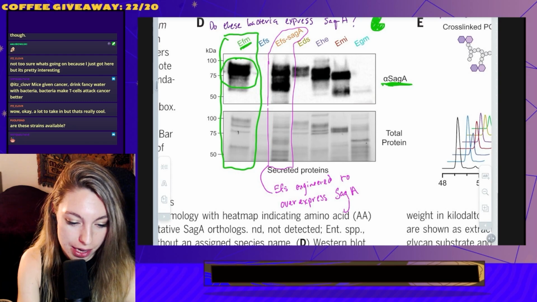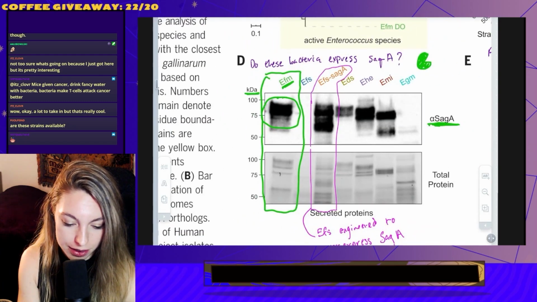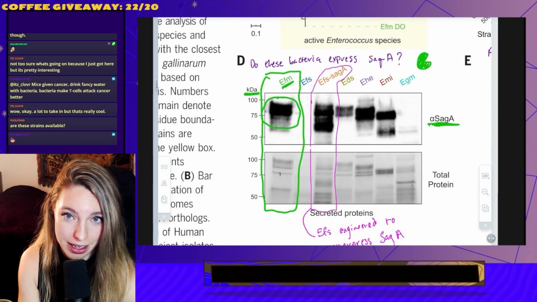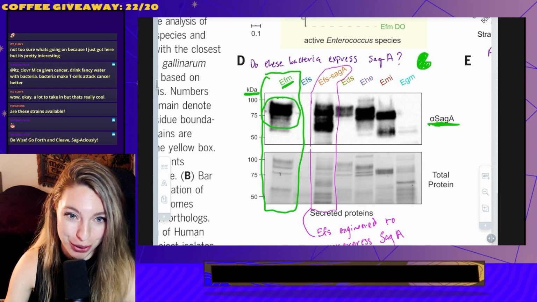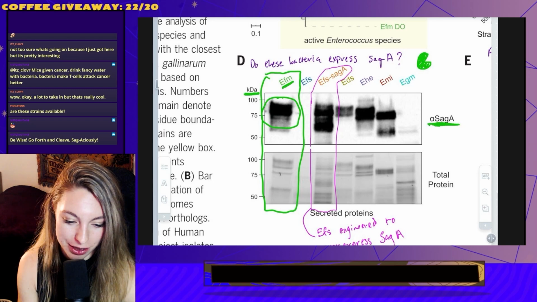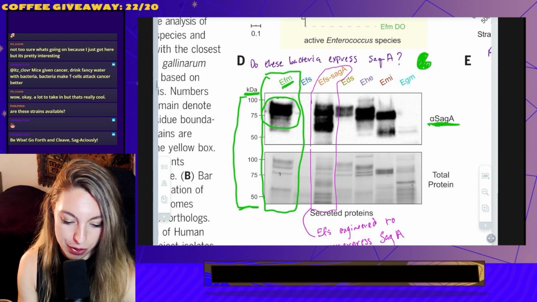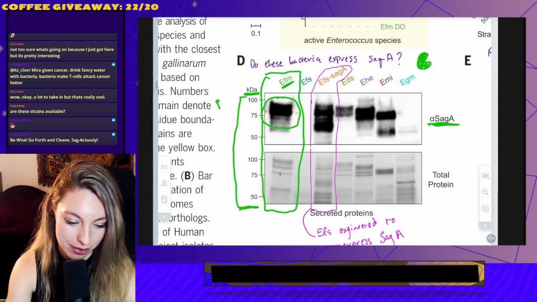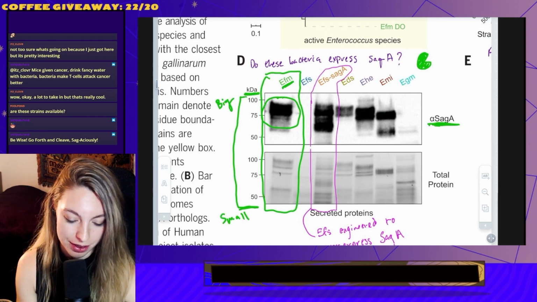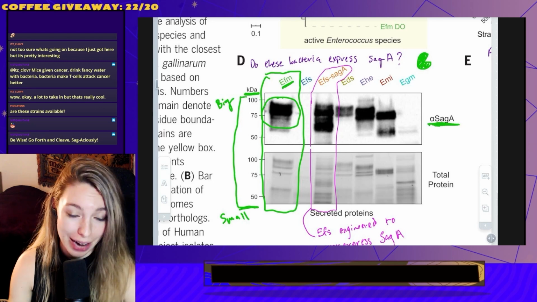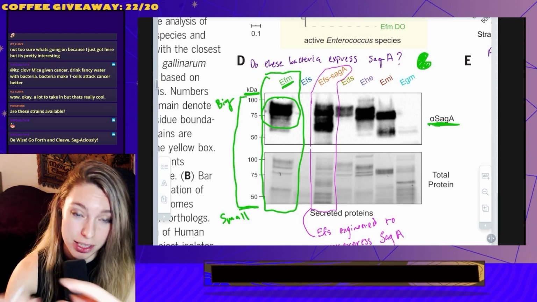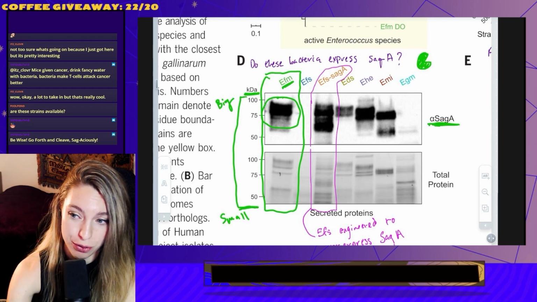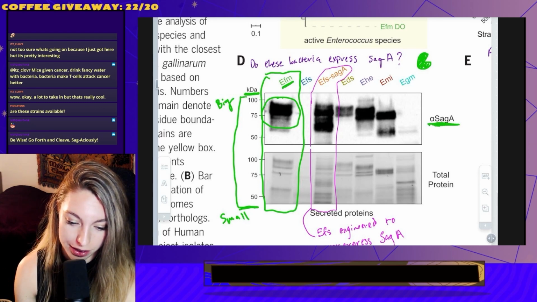So you'll see up here, this thing called kDa, which stands for kilodalton. Kilodalton is just a measurement of protein size. The bigger proteins are at the top, and the smaller proteins at the bottom. The big proteins are at the top because they're so big, they travel through the gel slower. But the small proteins can travel through the gel faster, so they're going to be down here.